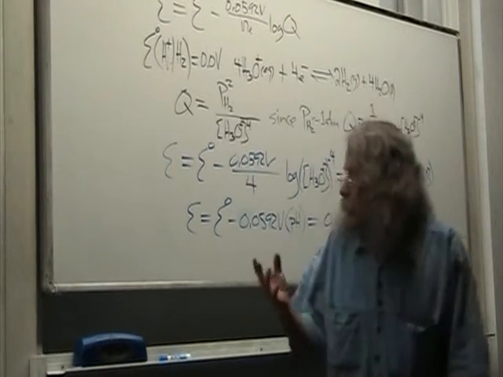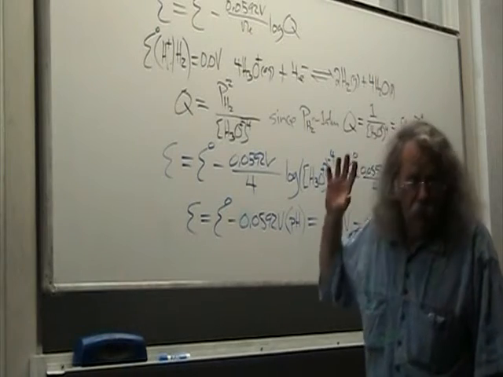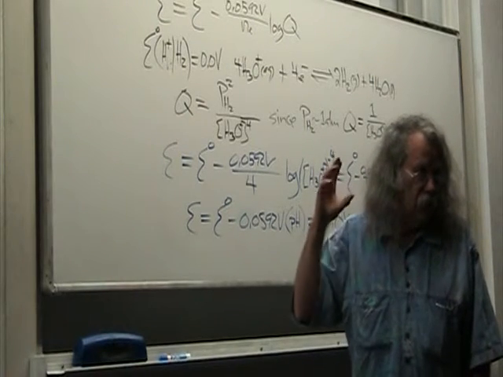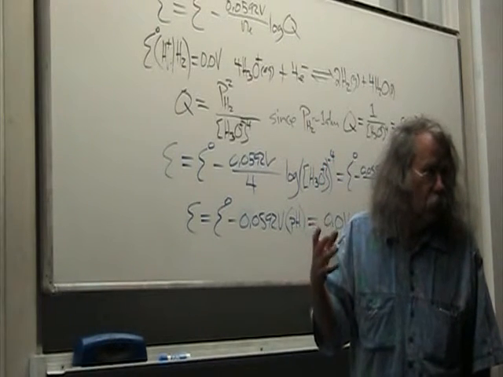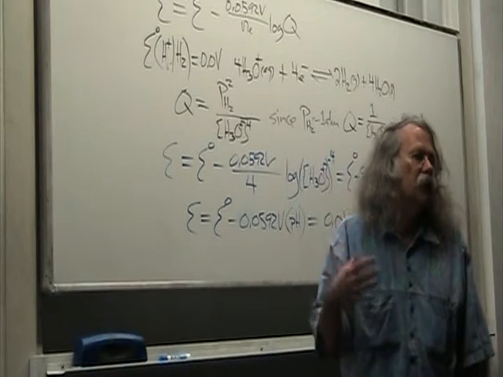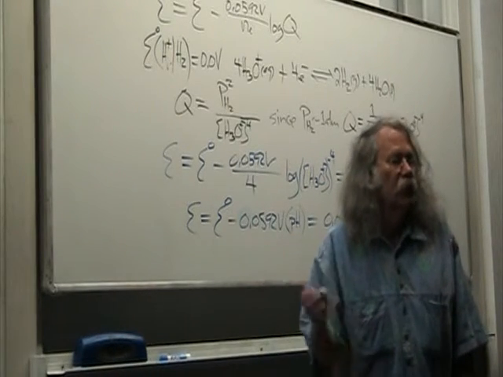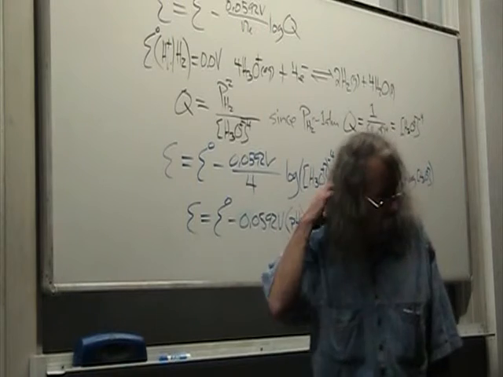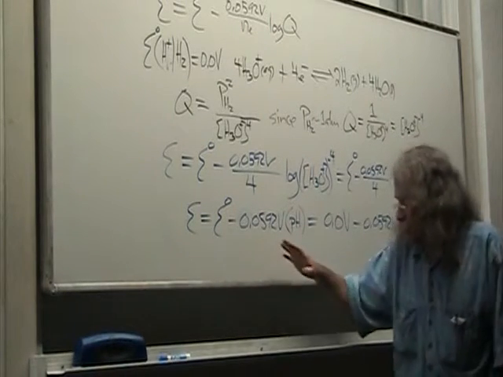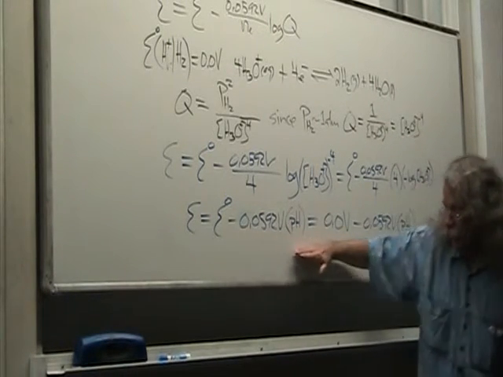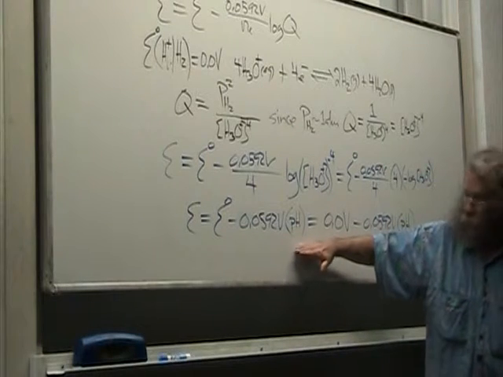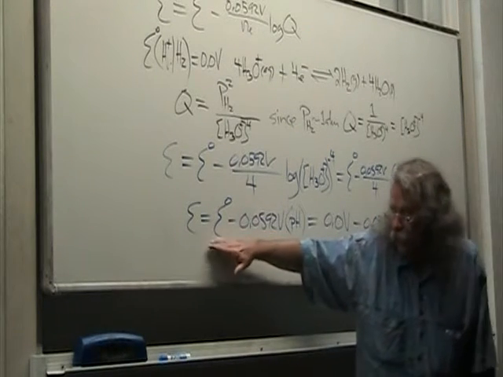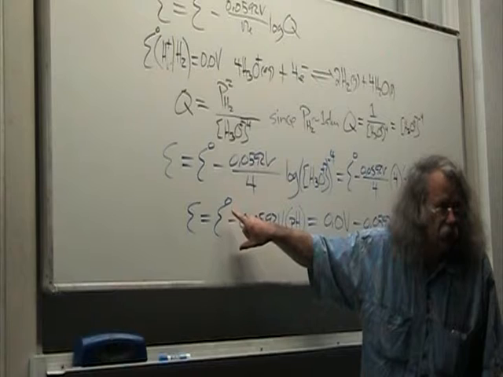And so at that concentration of hydronium ions, 1 molar, the pH, the negative log of 1, is 0. So the pH is 0, and so this term will drop out, and we get E naught, standard conditions.